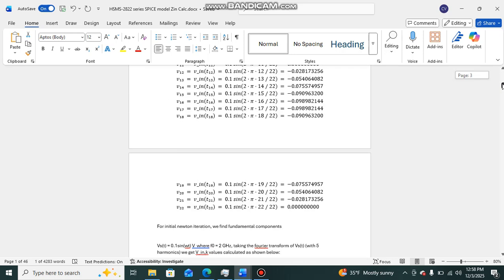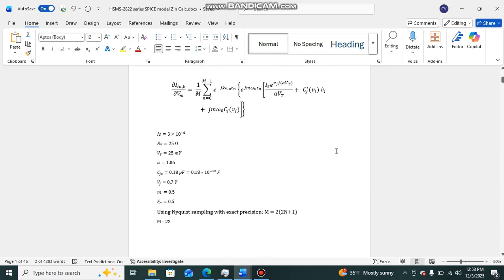So 5 times 2 is 10, plus 1 is 11, and then times 2 is 22. So there will be 22 samples that we need to take in the sine wave.